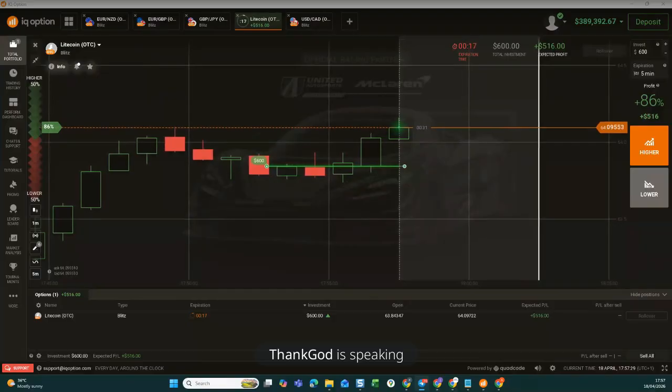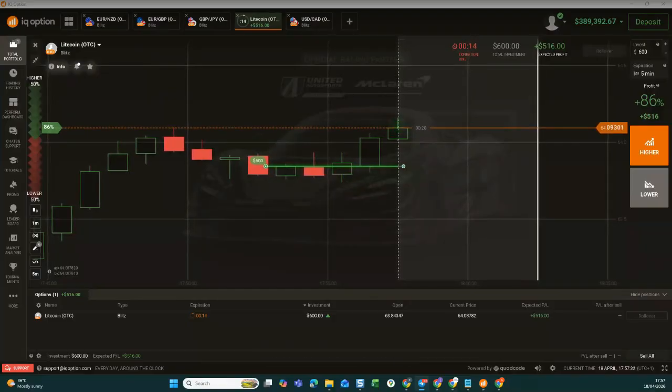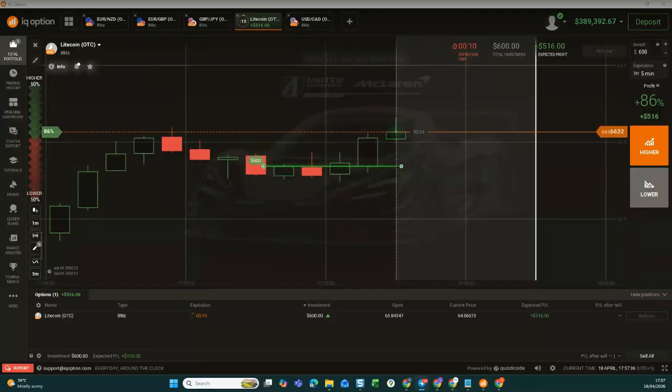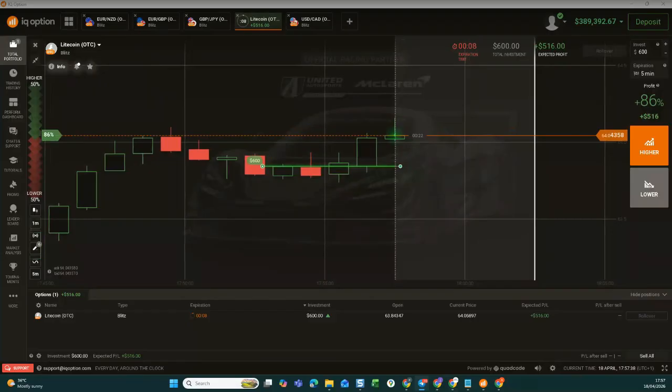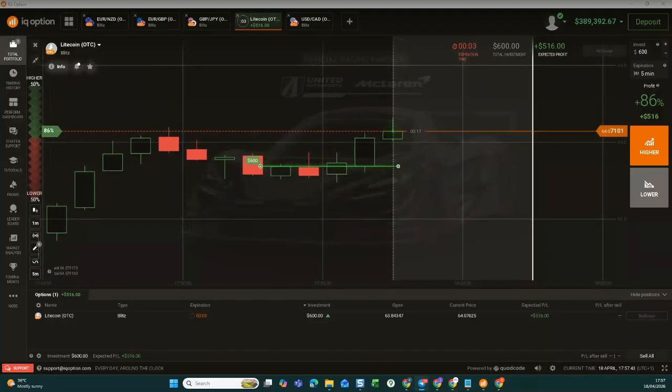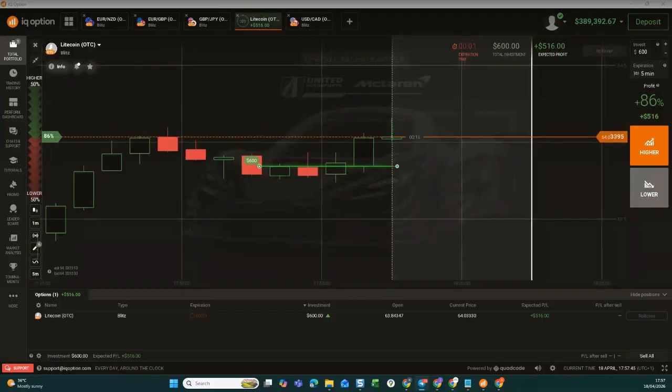Now, the pro gets access to the things that growth has, including a 200% bonus on their deposit. That is the pro. Do you understand?